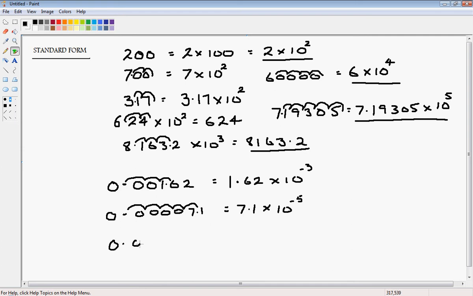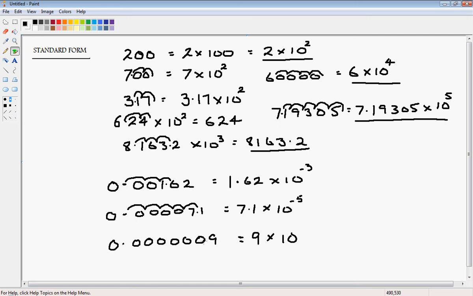Okay, so just once more, 0.0000009. Okay, now my biggest number, pretty much my only number, is the 9. So there's no decimal point there. So it's going to be 9. Don't forget times 10.